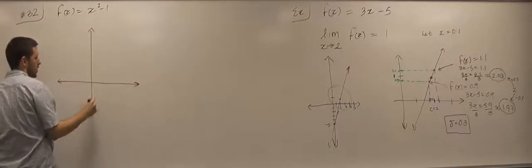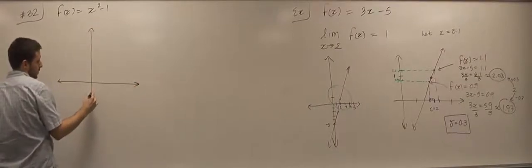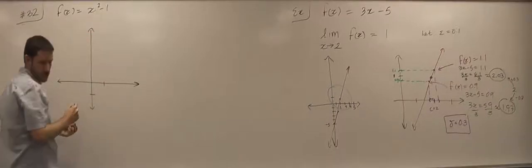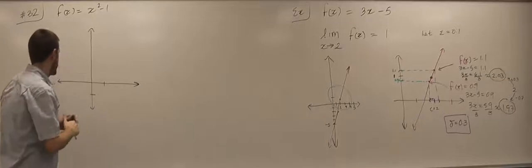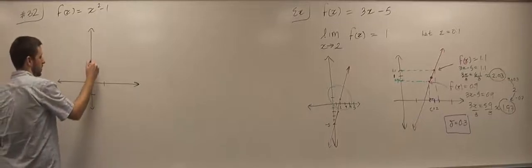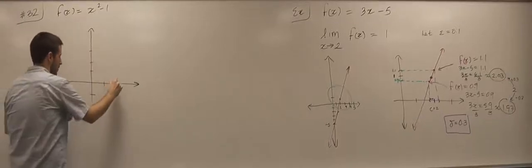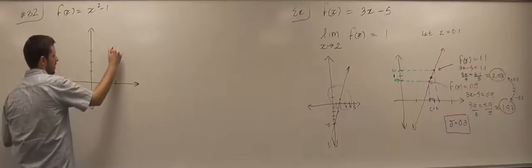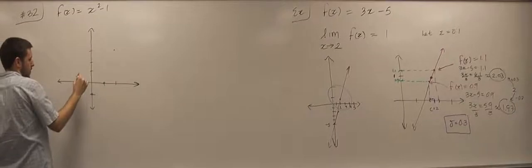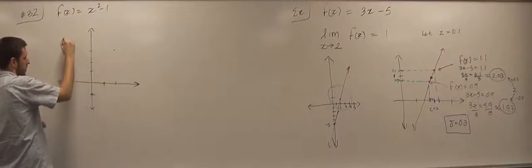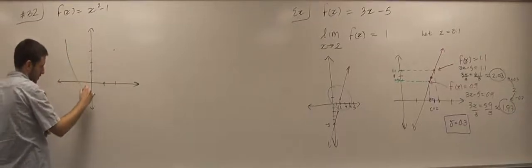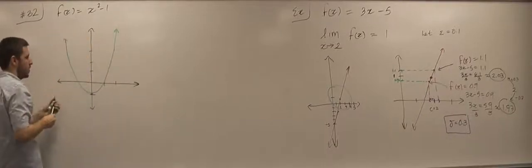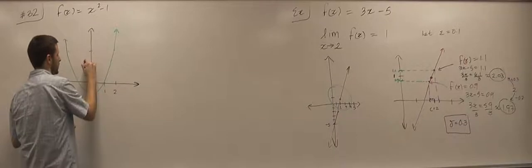So what's x squared minus 1 look like? A parabola, right? But shifted down 1. And we're interested in eventually the limit as x goes to 2. So this is going to look something like this, and these are 1, 2, and 1, 2, 3.